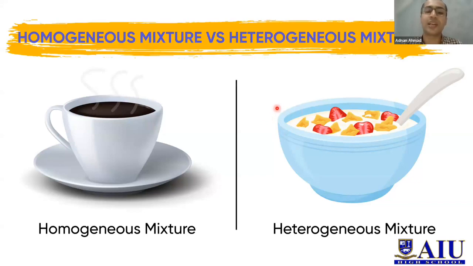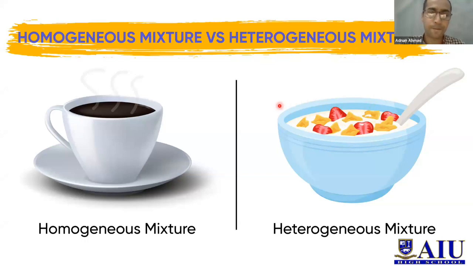So what happens is that when you take one spoon, you may have 3 flakes and 1 strawberry. And when you take another spoon, you may not have any strawberry on your spoon, right? So it means that this type of mixture is not even, okay? The contents in this bowl are not evenly distributed.